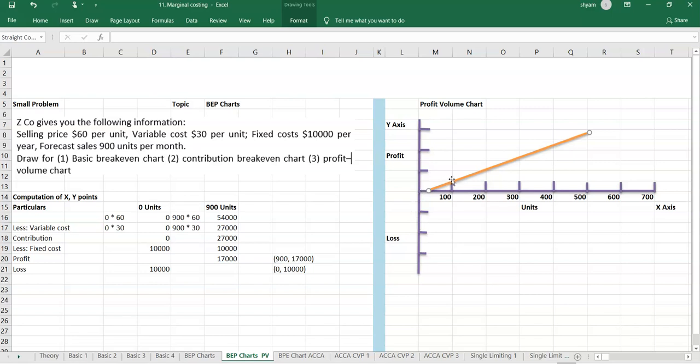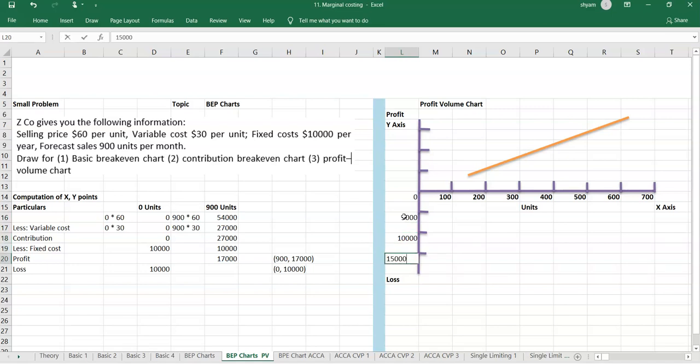So first I think we have to mark the scale. This point is 0, and here we'll mark 5,000, 10,000, 15,000.